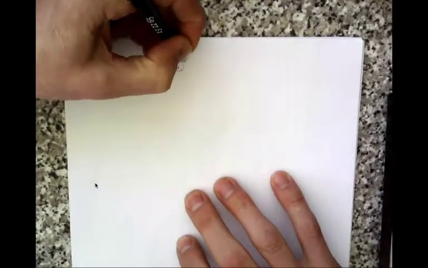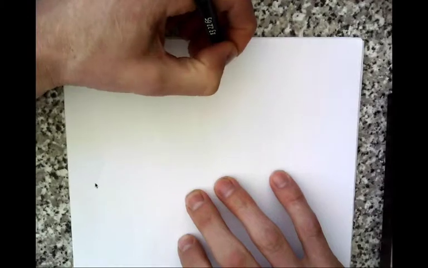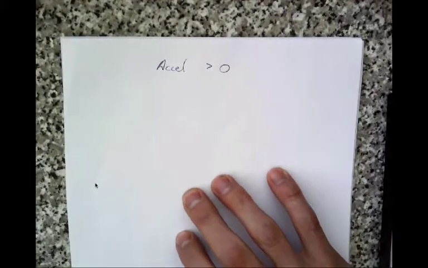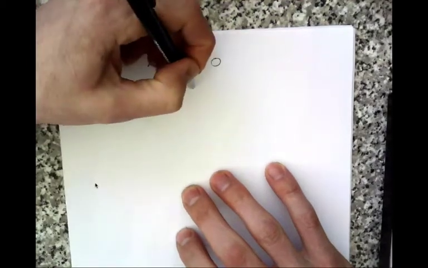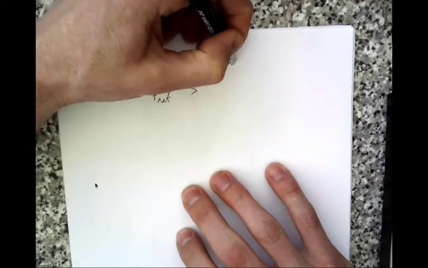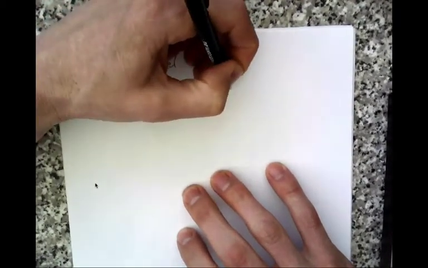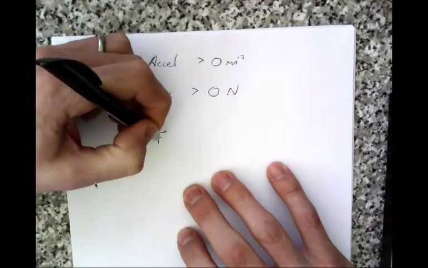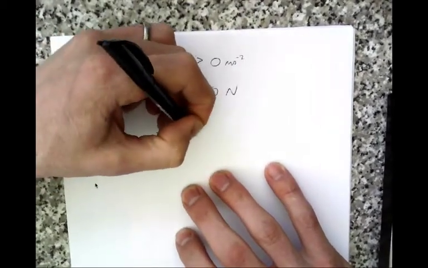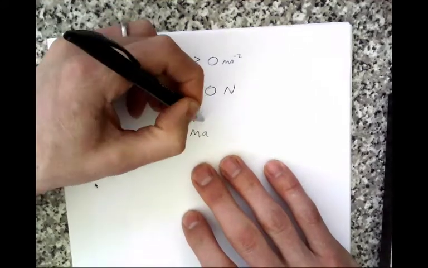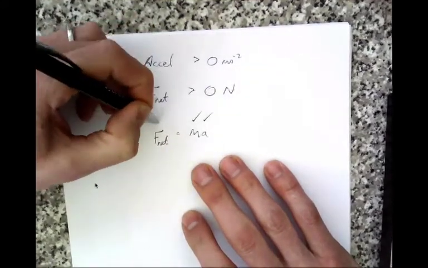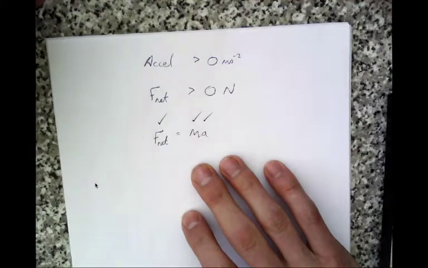Let's go one step further then. If we have an acceleration that is greater than 0, and we've found that we do have an acceleration, this means that our net force also must be greater than 0 newtons, because of Newton's second law. Our object clearly has a mass, and it has an acceleration that isn't 0, so therefore it must be experiencing a net force.